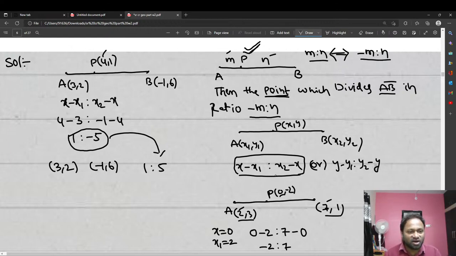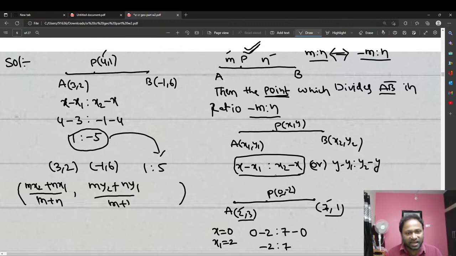So what is the harmonic conjugate? You have the formula. What is that? (m x2 plus n x1) by (m plus n), (m y2 plus n y1) by (m plus n). You can substitute. What will be the answer?